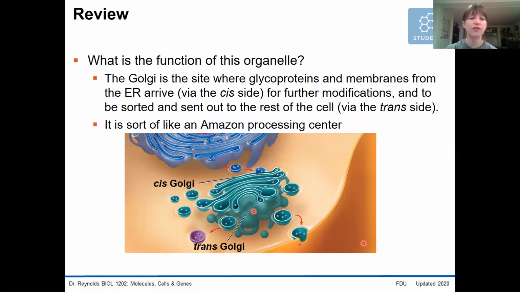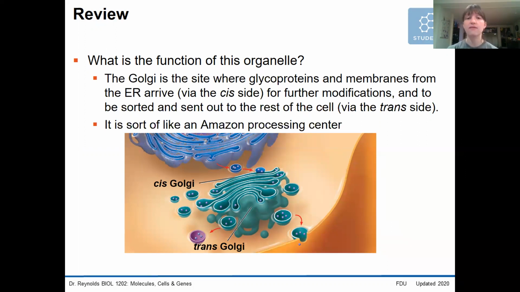So here's a full credit example of an answer for the exam. The Golgi is the site where glycoproteins and membranes from the ER arrive. Remember, if you're talking about the rough ER, you should be describing glycoproteins, and if you were talking about the smooth ER, that's the site of phospholipid synthesis. But the Golgi is going to be where both of these products are received.